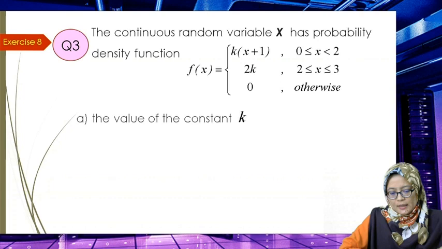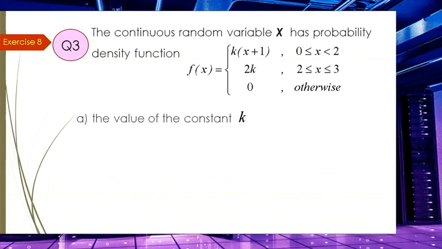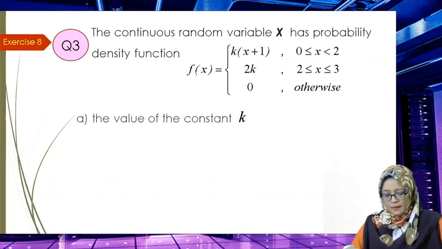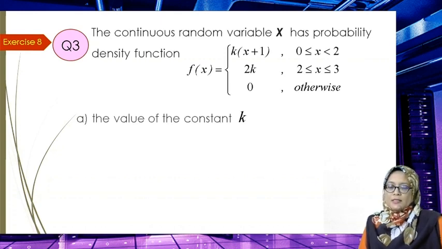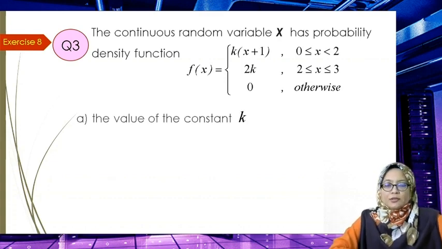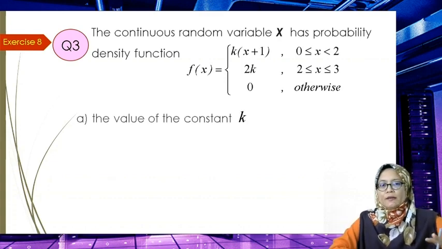Okay, so then first find the value of constant K. Okay, so sekarang ni kita nak cari constant K. Okay, sama macam konsep yang tadi juga, tapi tadi kita ada satu interval. So sekarang ni kita ada 2 interval.